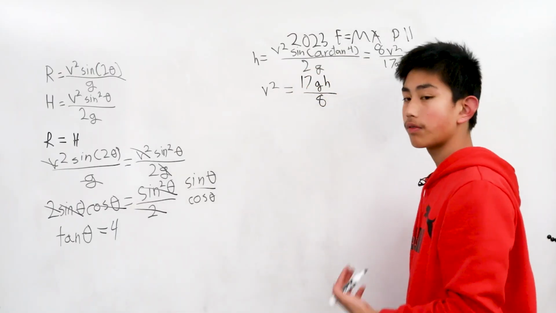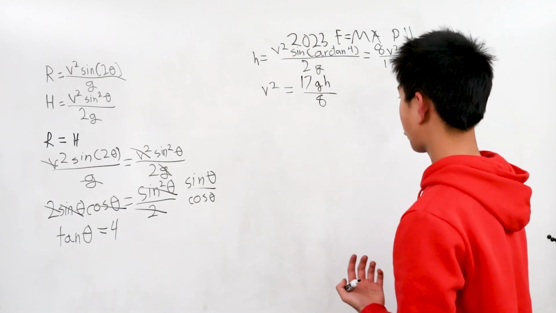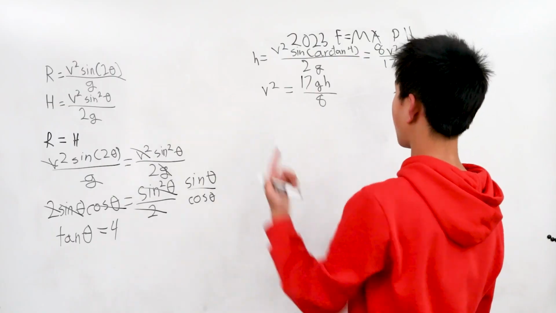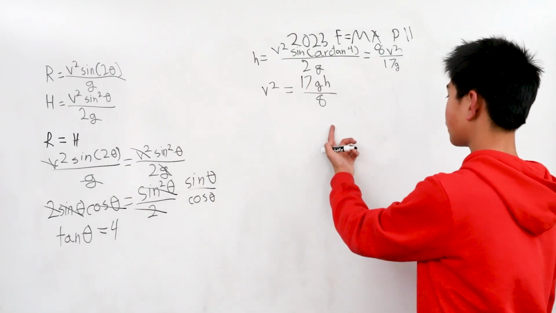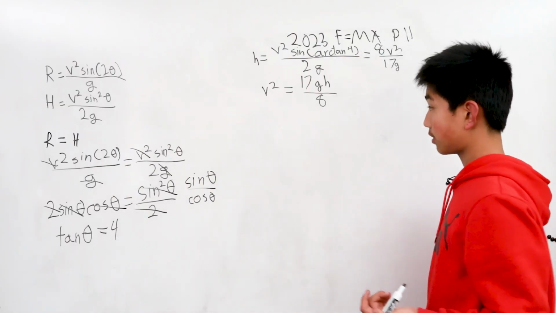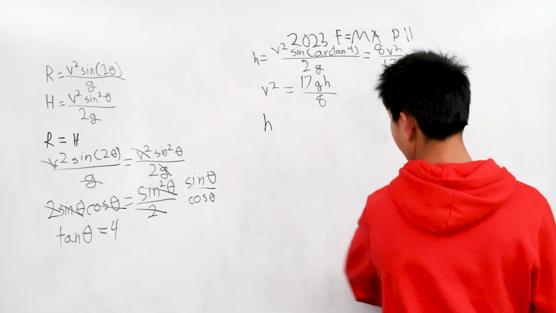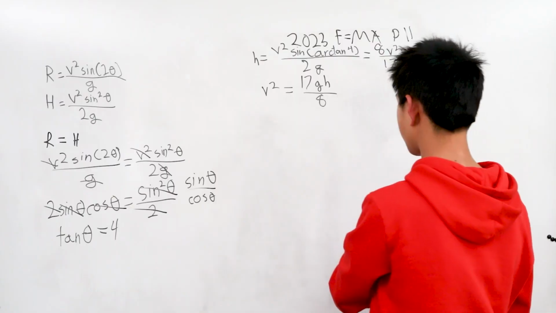Now that we have this equation, since we have the height and we have the velocity, we can solve for the total height.